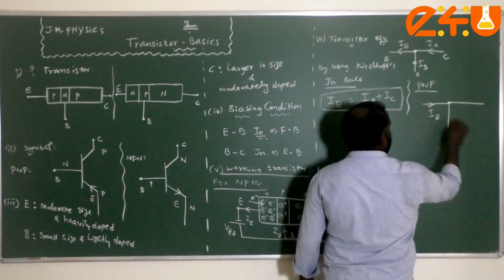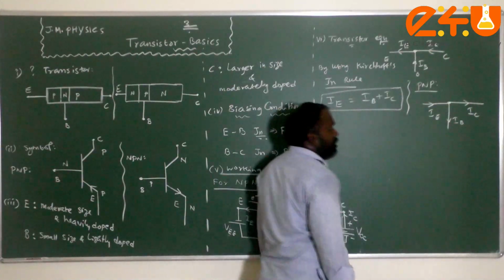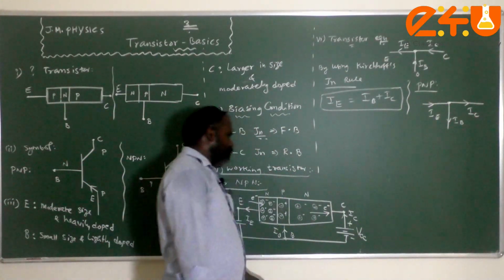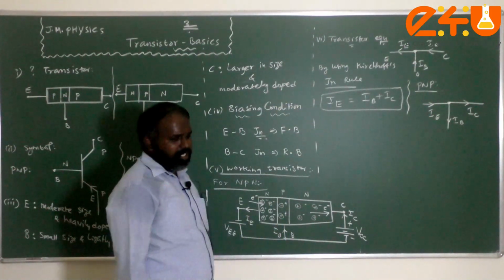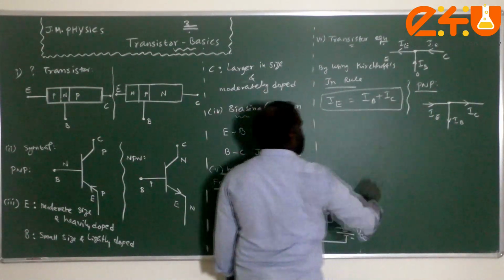So this will be IE, and these are the IB and IC directions in the case of a PNP transistor. So this is the information about the working of the transistor and the transistor equation. This relation is true for both NPN and PNP transistors.